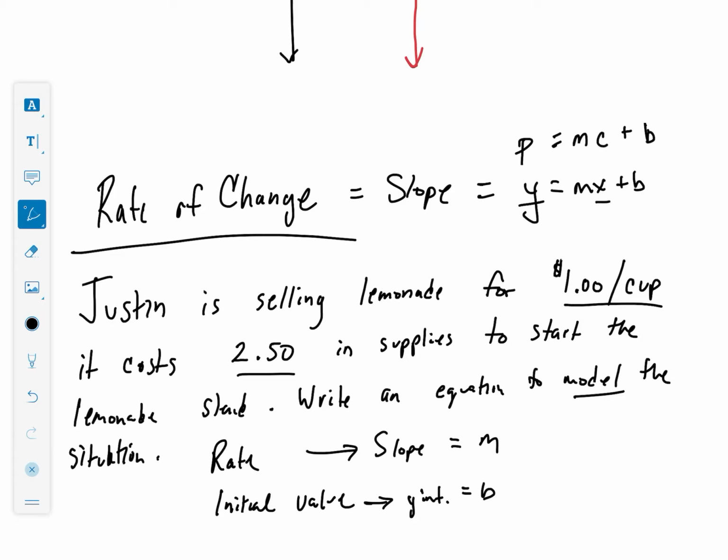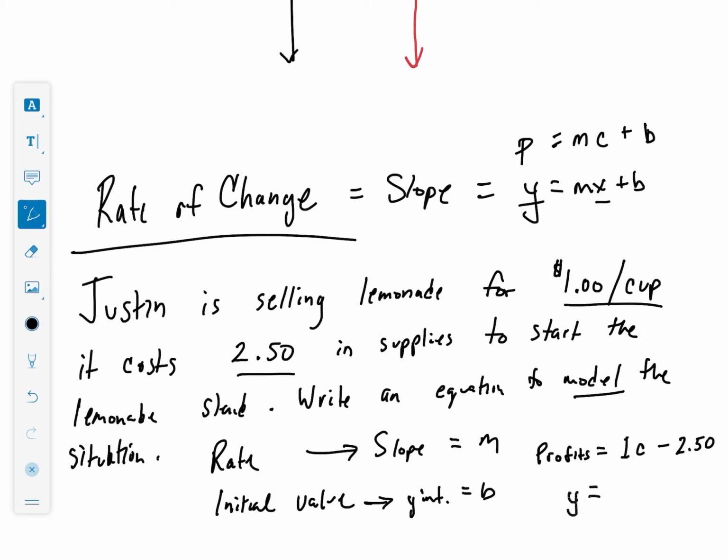And if you notice, our equation is pretty simple. So Justin's profits are equal to the amount of cups he sells, which he's selling for $1 per cup, minus his startup fees of $2.50.